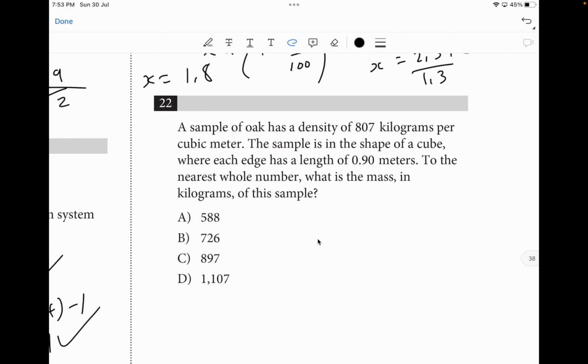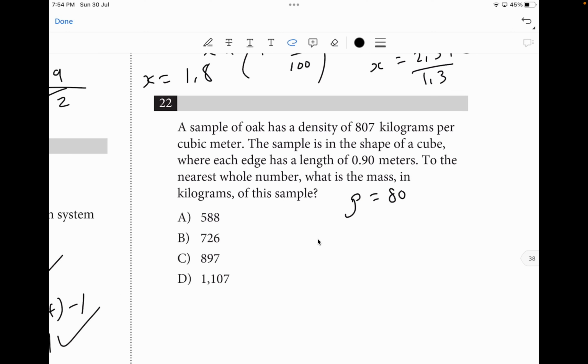For this question, we know that the sample of oak has a density, the density symbol is this, of 807 kilograms per cubic meter. The density's unit is kilograms per cubic meter. We're analyzing this question properly.